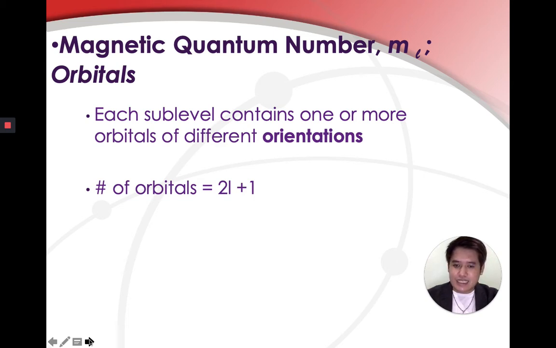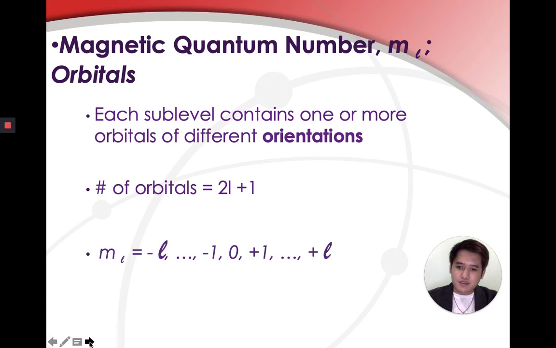That means the number of orientations is based on the quantum number L, or the azimuthal, 2L plus 1. Therefore, if you have a certain azimuthal quantum number L, then the ML, the magnetic quantum number, the allowable set will be negative L down to the positive L.